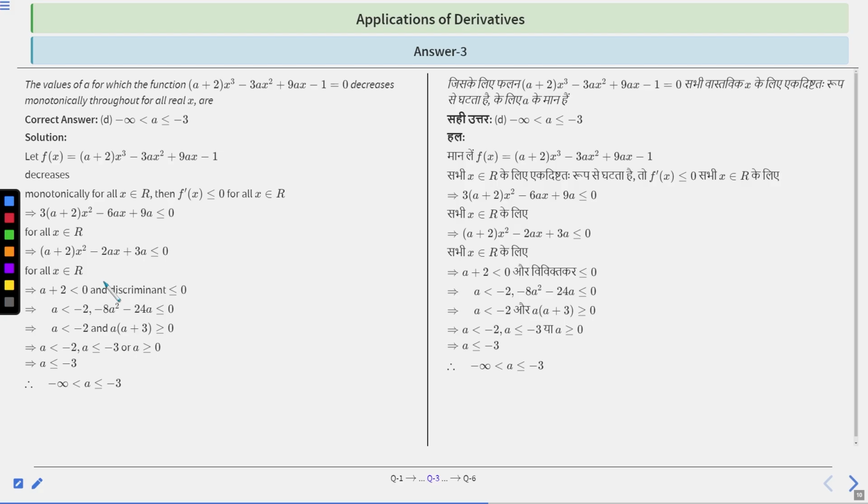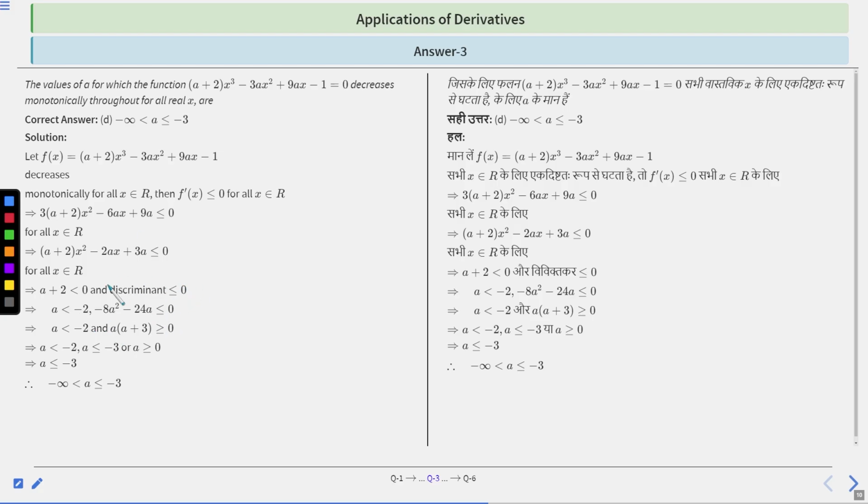Therefore, (a + 2)x² − 2ax + 3a ≤ 0 for all x. Now, for this to hold, a + 2 must be less than 0 and the discriminant must be less than or equal to 0.